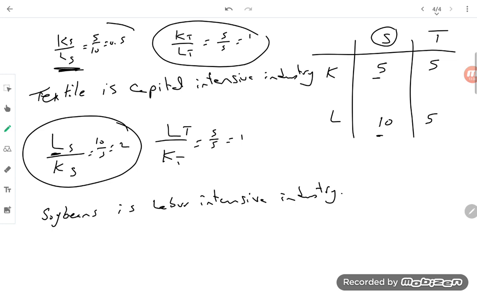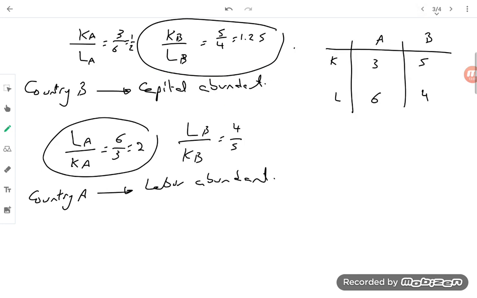So which country will specialize in the production of textile? As we said, textile is capital intensive, which means its production needs more capital. And country B is capital abundant, which means it has a huge amount of capital compared to labor.